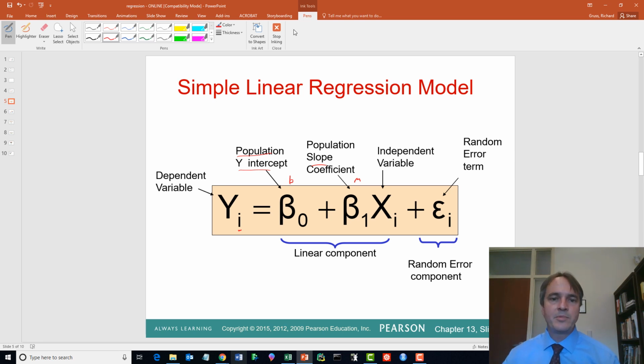Just remember that this is linear regression, which means all we're doing is coming up with a line that describes the relationship between two variables, specifically this independent x and this dependent y. Okay, so this is our population model.